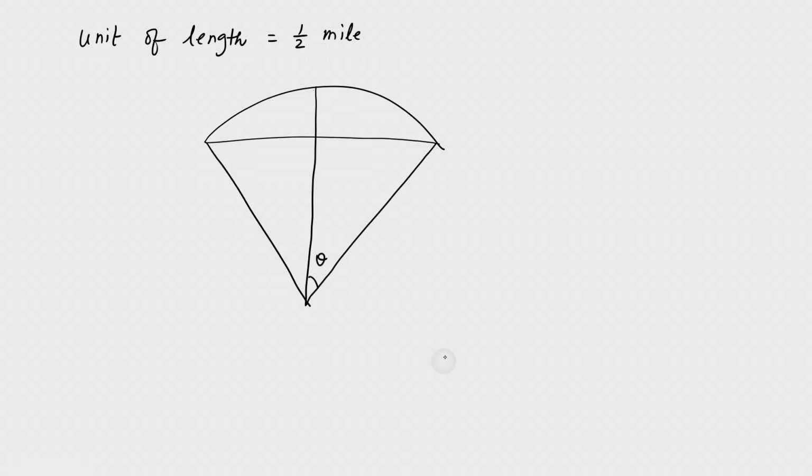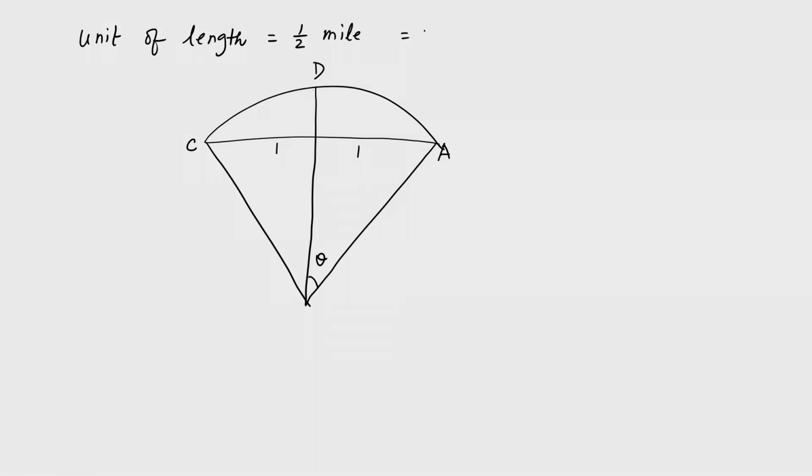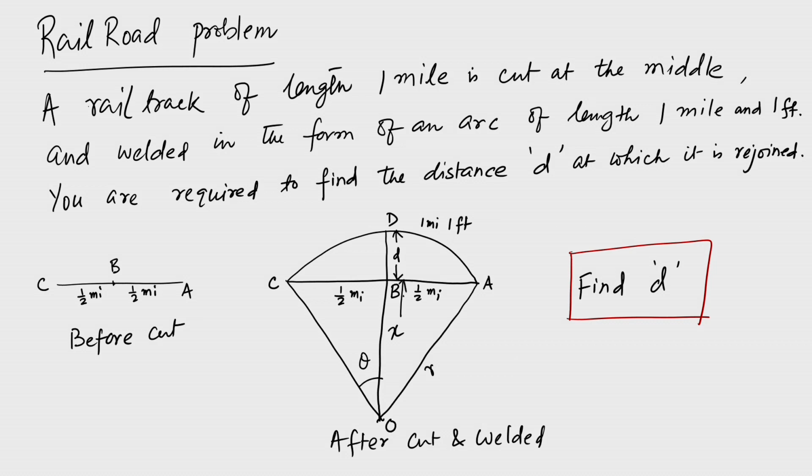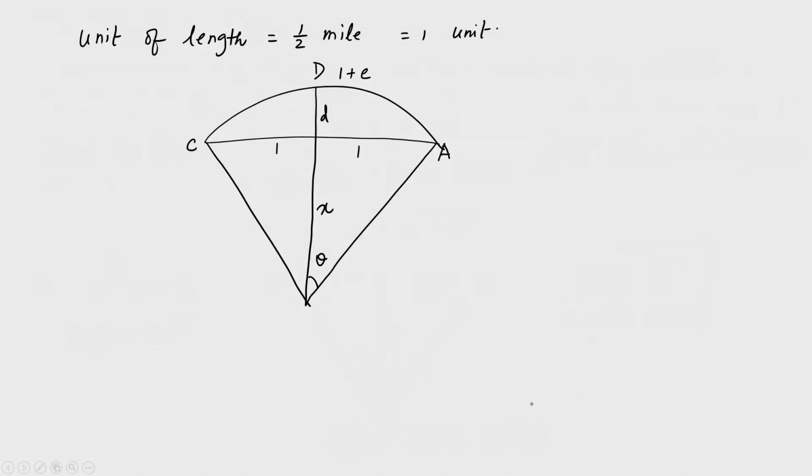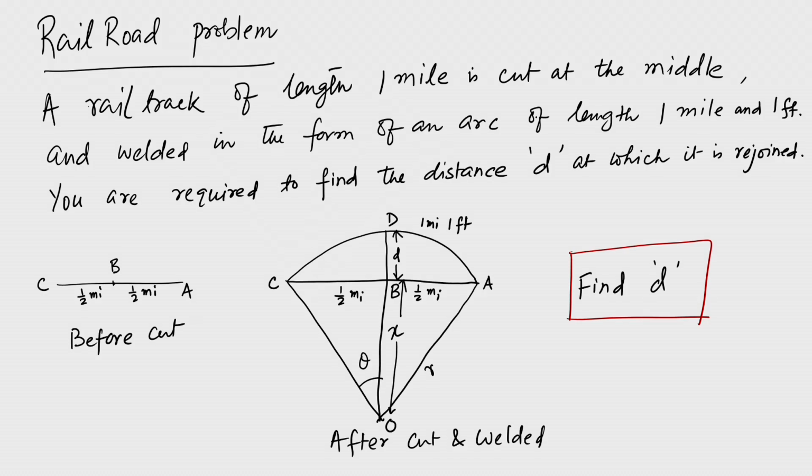So, there is a theta, there is 1 and 1, there is a D, a C, and an A. Because this half mile is taken as equal to 1 unit, this side is 1 plus E, and the other side is also 1 plus E, where E is a small number, and this is of course x, and this is of course D.